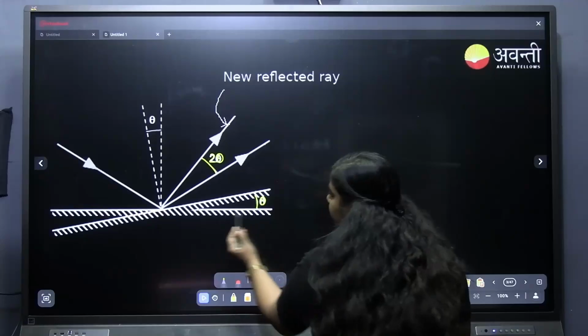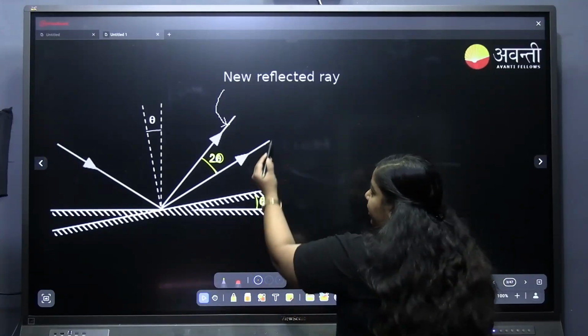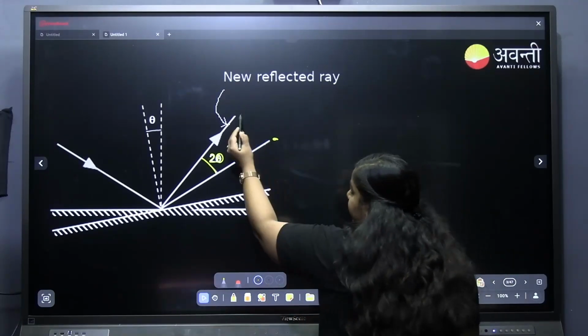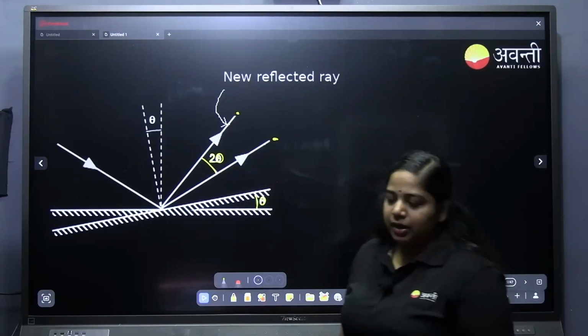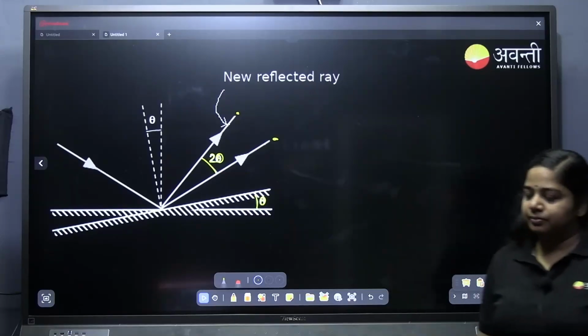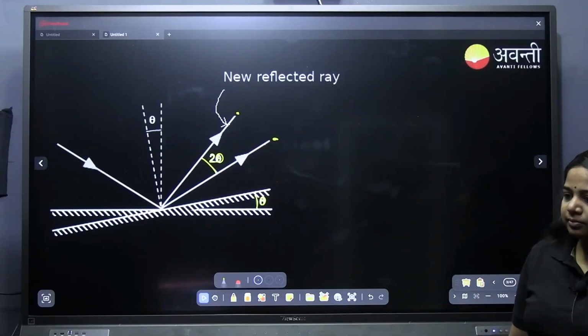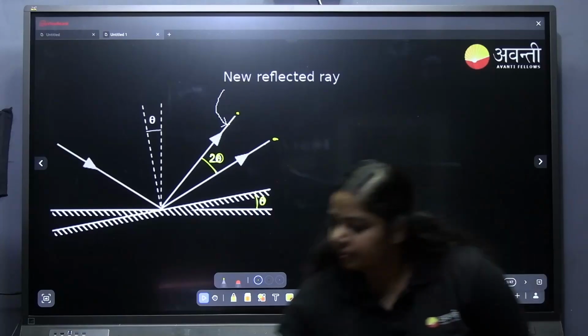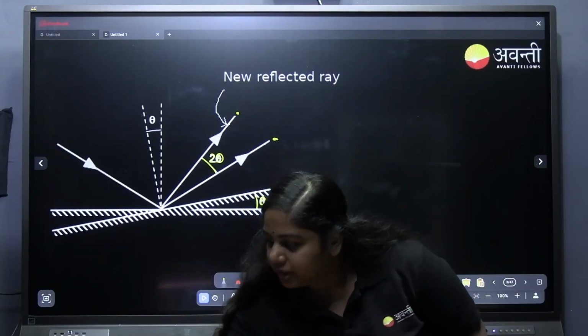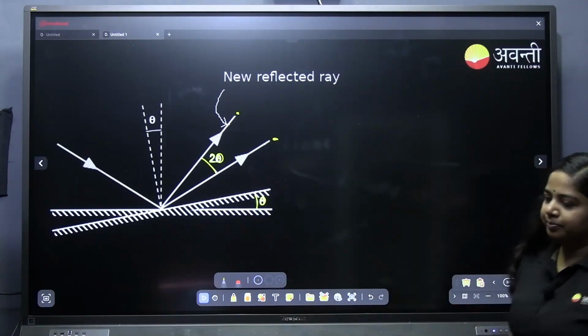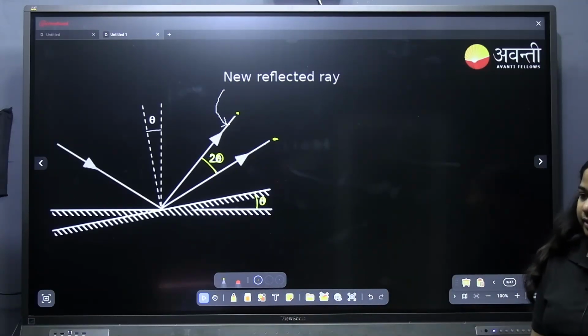If mirror is rotated by theta angle, reflected ray initially it was here, it shifted to this place, so shifted by 2 theta angle. Now is it clear? Anishka, did you understand it? Okay.